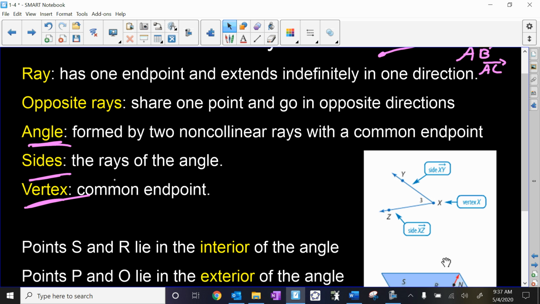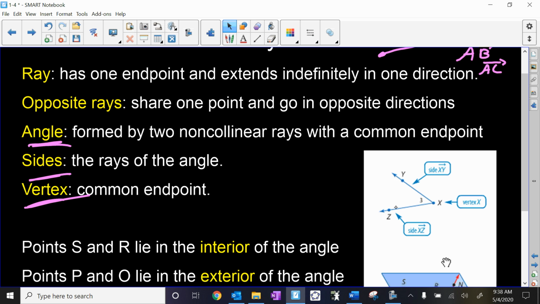Remember, non-collinear are points that do not lie in the same line. So XY and YZ. Those would be non-collinear rays with a common endpoint, X. That common endpoint we're going to call the vertex. And then the sides of the angle are going to be the rays. So side XZ and XY.